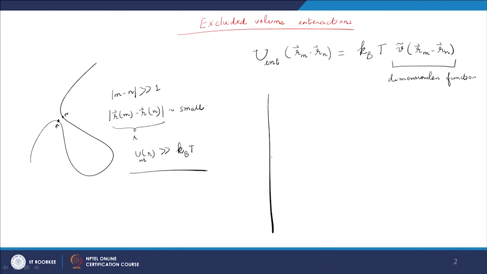So, if I define in this particular way, let us say this is my R, where R is equal to Rm minus Rn, and I am doing it versus, say, the absolute value of R. I assume that it only depends on the distance. We can talk about specifics later, but most interactions only depend on the distance, not the distance vector.